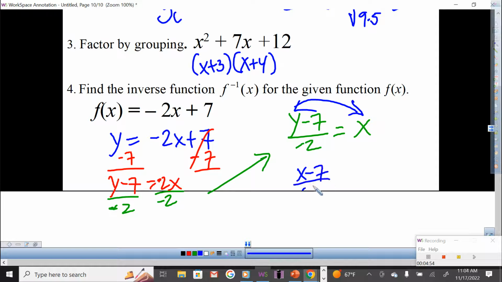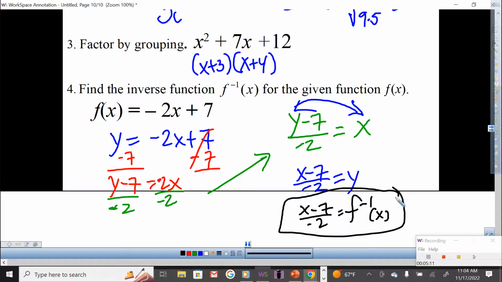X minus 7 over negative 2 equals y. Can we leave it in y form, guys? No, we're in function notation, so what do I write? Okay, x minus 7 over negative 2 equals f inverse of x. Ooh-wee, let's go. Hands if you got that by yourself. Okay, some of us. All right.